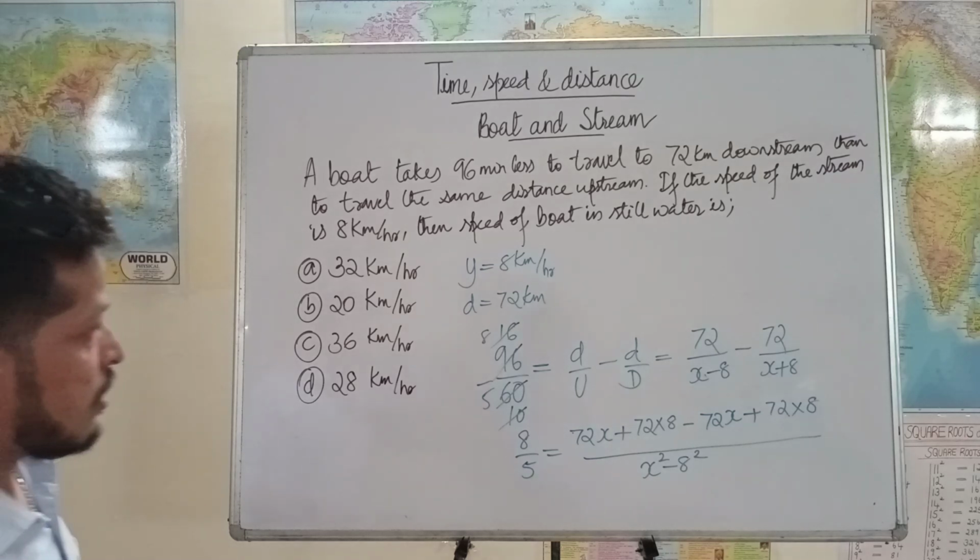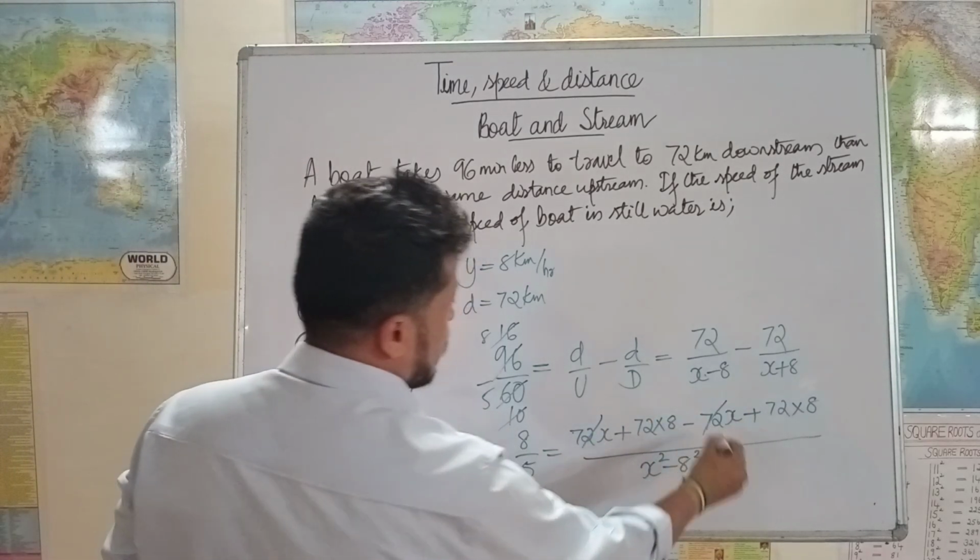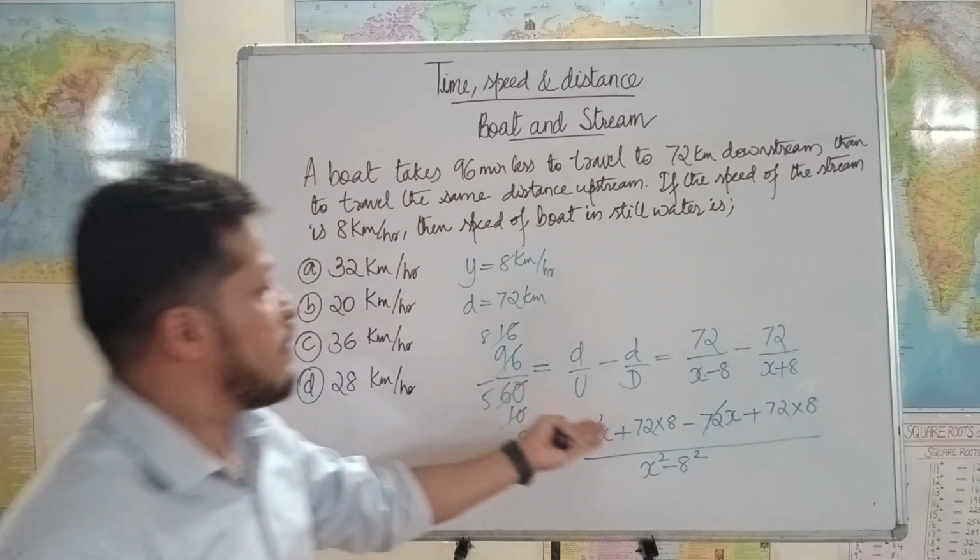Right? Now here 72x and minus 72x cancel. So we have 2 times 72 into 8.